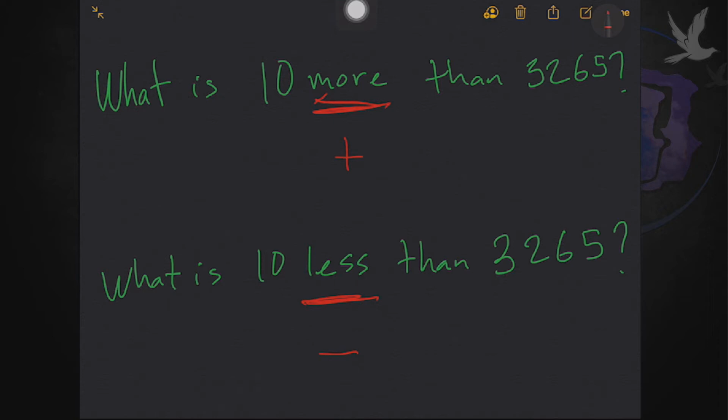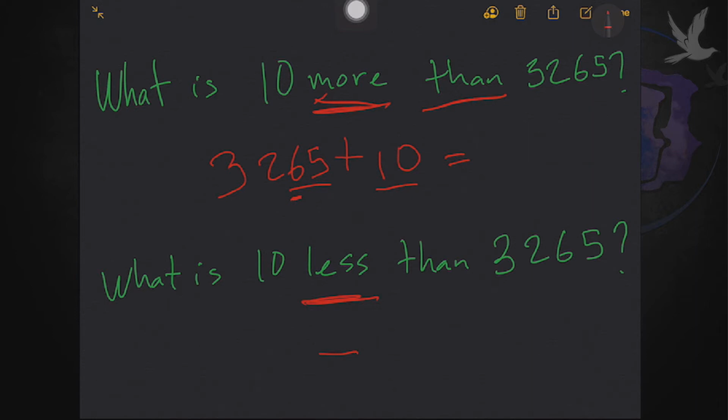So it says there for the first sentence, what is 10 more than what? It says it is 10 more than 3,265, which is already there. And all you have to do is just to add 10 to it. Okay? So I hope that you know how to add tens immediately by simply looking at our tens place here, which is 6.